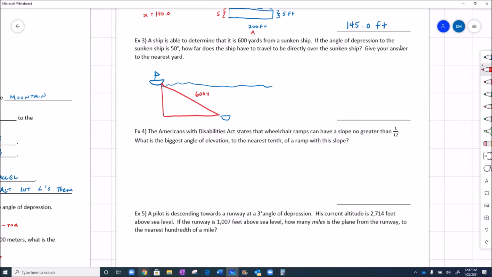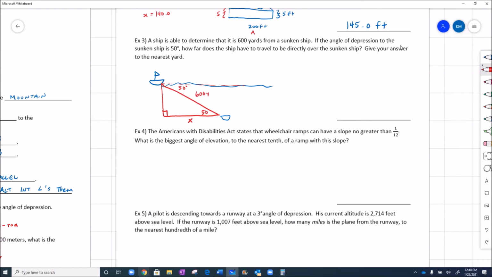Okay, so as we look at our angle of depression, 50 degrees, remember that our angle of depression is outside of our triangle, and so we can use that and say that this is 50, so this must be 50. The other way that we can look at it is to say that this is perpendicular, so this would be 40. Either way you did it, it should work out. Okay, so as I'm looking at this, I want to know how far this travel is.